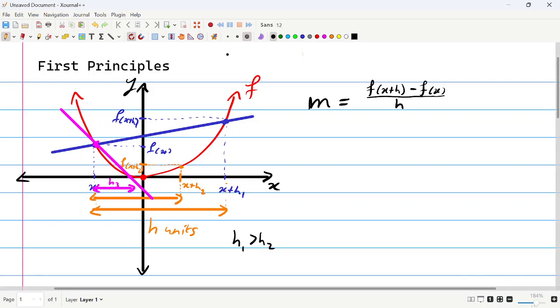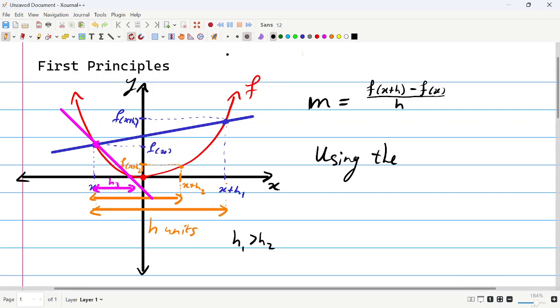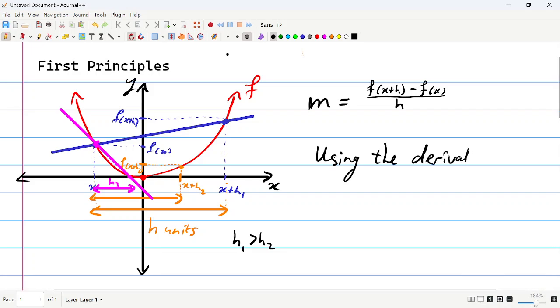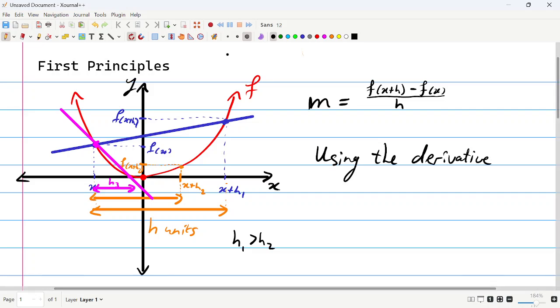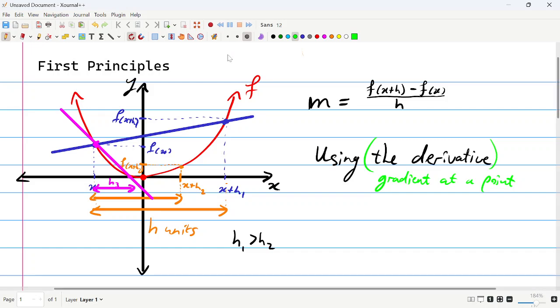But remember, our whole idea of the derivative, I'm going to give its definition. The derivative is just the gradient at a point. That is the definition of a derivative. The derivative is just a gradient at the point.